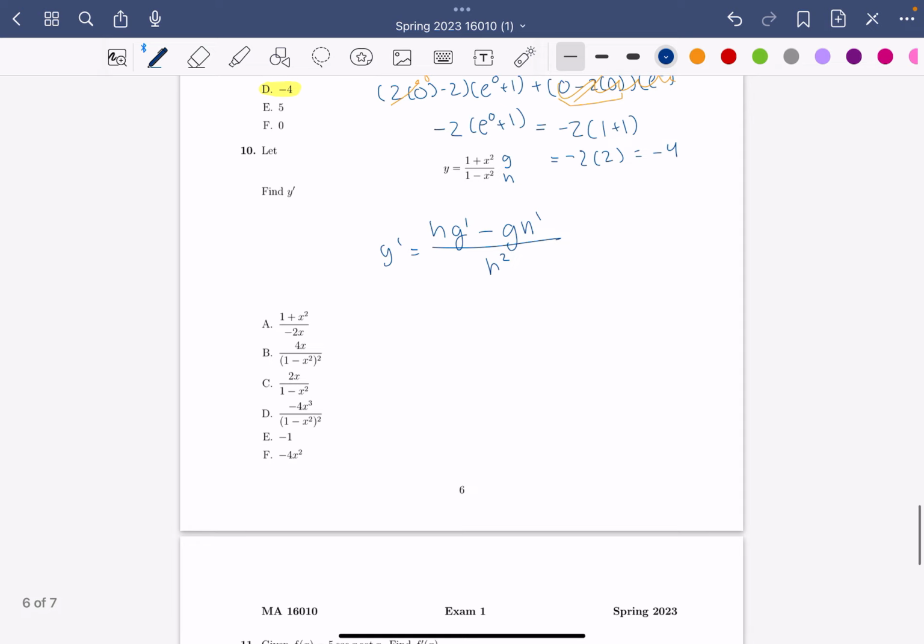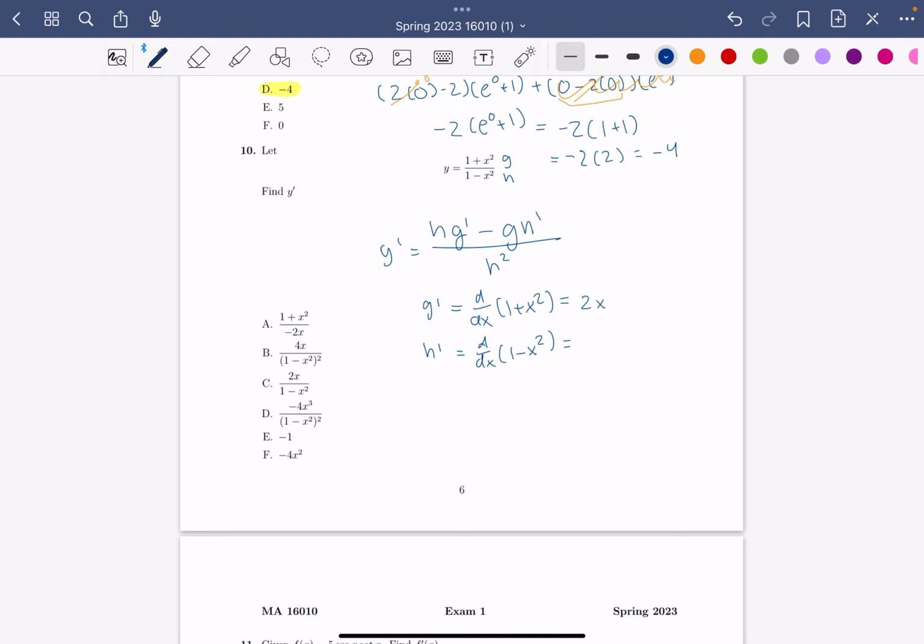Now, let's go down a little bit. Let's go ahead and find g prime. So g prime equals d dx of 1 plus x squared. The derivative of 1 is 0, and the derivative of x squared is 2x. Now let's find h prime. H prime equals d dx of 1 minus x squared.